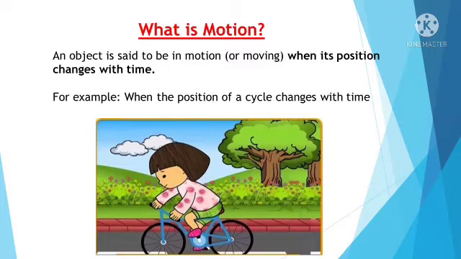At that time, you cover a distance also. If you measure that distance, then it will be very clear how much distance you have traveled from your home to reach your school. If an object doesn't change its position, that object is called a stationary object, or the object is at rest.